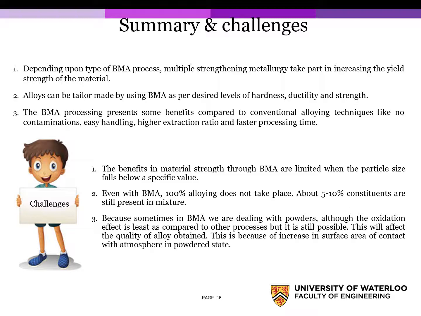Because sometimes in BMA we are dealing with powders, although the oxidation level is least as compared to the other processes, it is still present. This will affect the quality of the final alloy obtained. This is because of the increase in the surface area of contact with the atmosphere when we are dealing with powdered states.